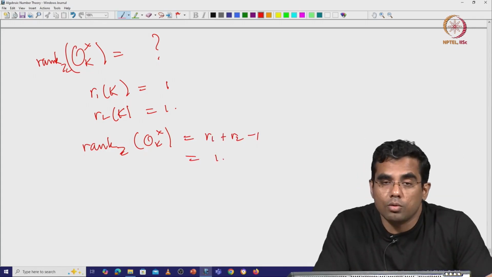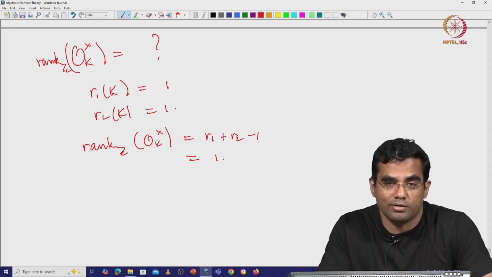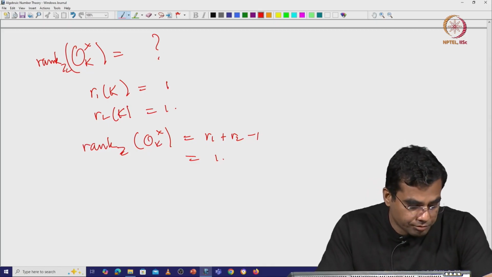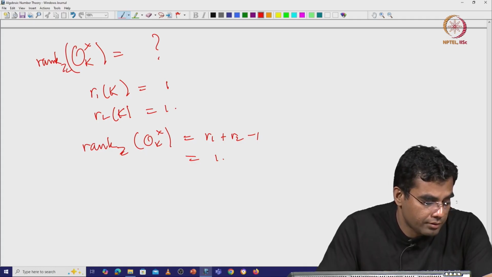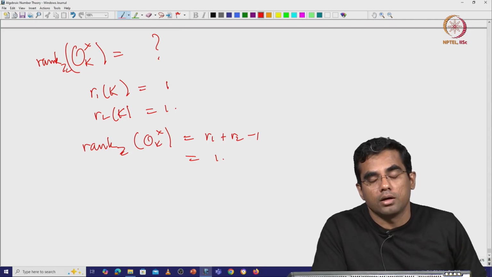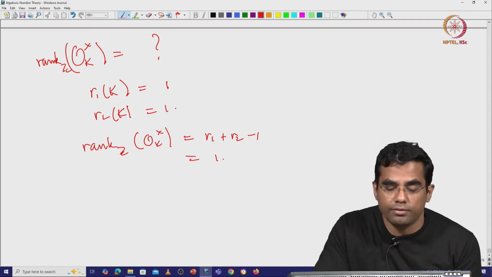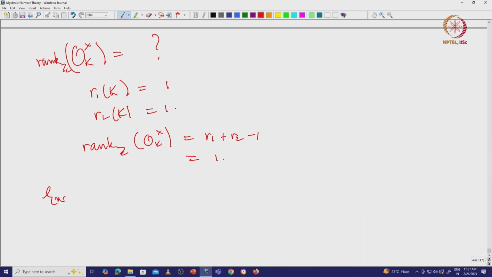So, this has rank 1, which means that this situation is a bit like real quadratic fields, okay. And yeah, we will also see examples of finding units in real quadratic fields a little bit later, but let me do an example here which will illustrate both the theorem as well as how to find unit here.